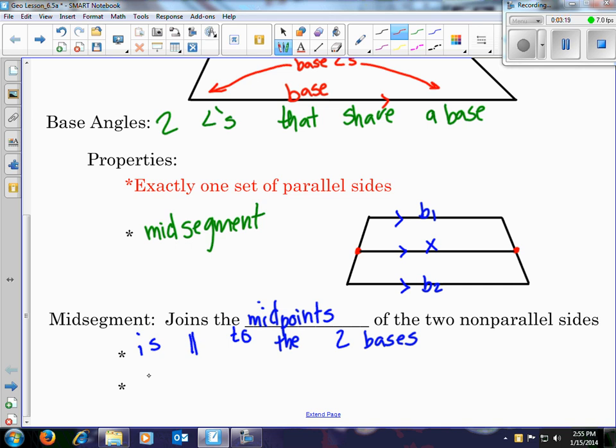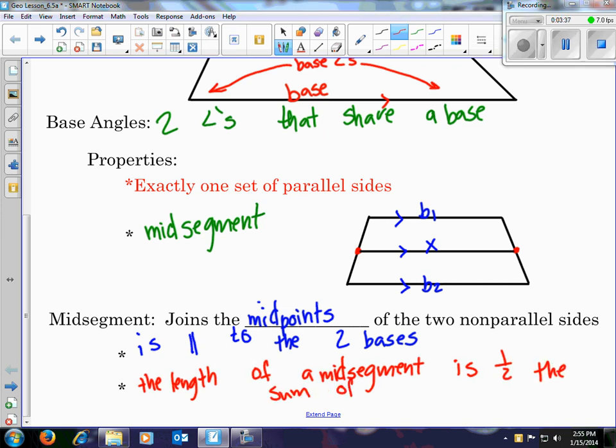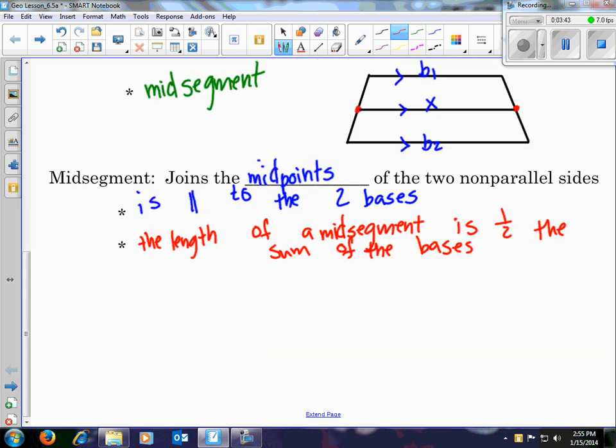The other thing we want to know is the length of a midsegment is 1/2 the sum of the bases. So if I were going to put that into a formula, then I would say x equals 1/2 of base 1 plus base 2. And that is the value of this line here.